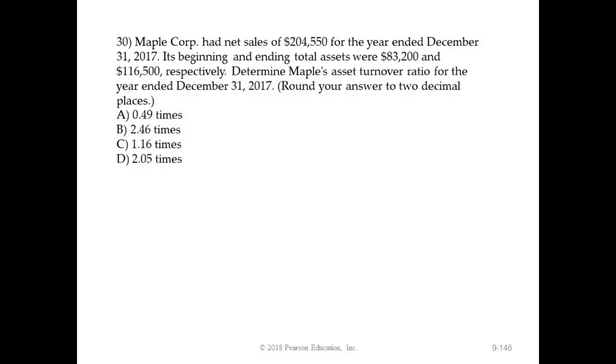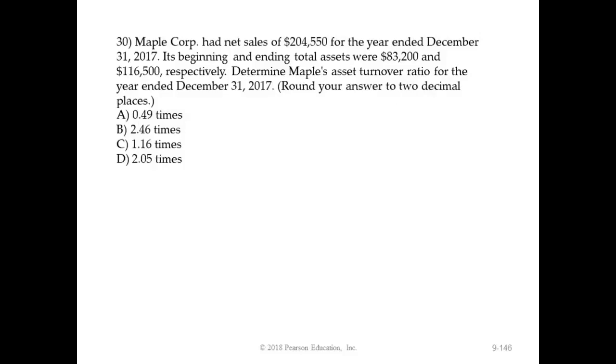Number 30, the company had net sales of $204,550 for the year ended December 31st, 2017. Its beginning and ending total assets were $83.2 and $116.5 respectively. Now I want to determine Maple's asset turnover ratio for the year ended. So let's go right to the answer. My asset turnover ratio is going to be net sales divided by average total assets.